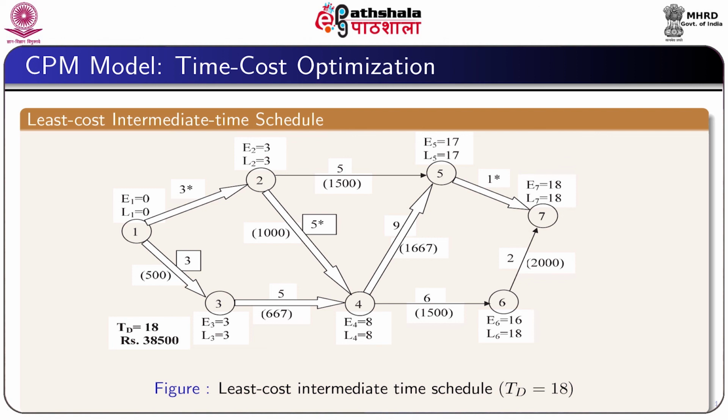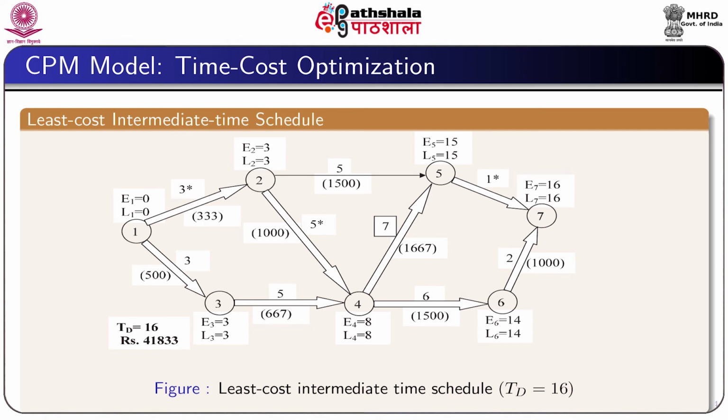Now, we can further reduce the project duration by 2 units. When the project duration is 18 weeks, the total cost becomes 38,500.